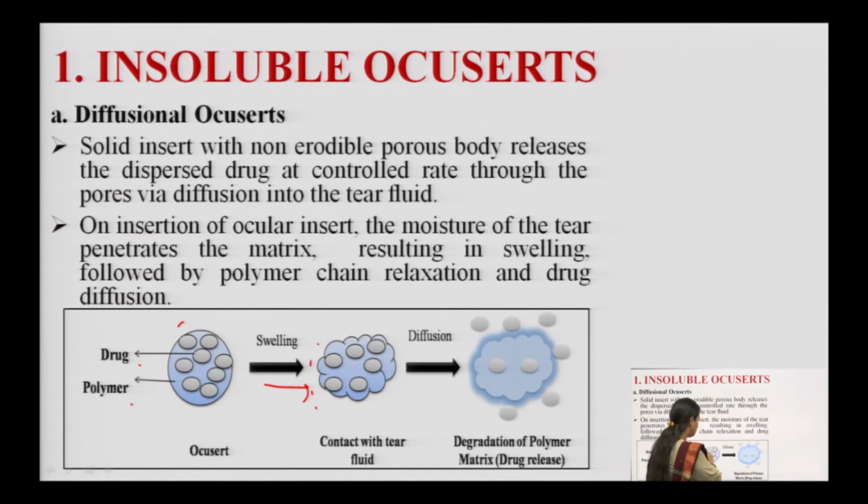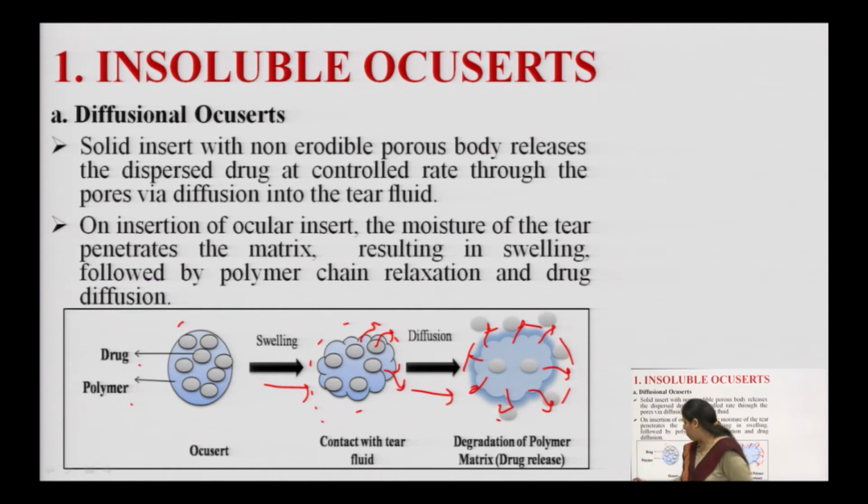So, it makes a swelled state, and initially after swelling the drug starts to diffuse, and diffusion takes place at a high level after this contact time or prolonged time. So, you see degradation of polymer occurs due to drug release.